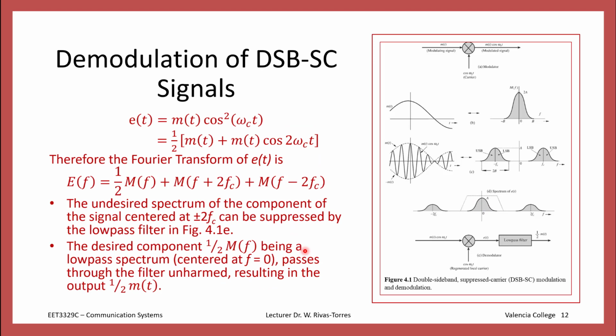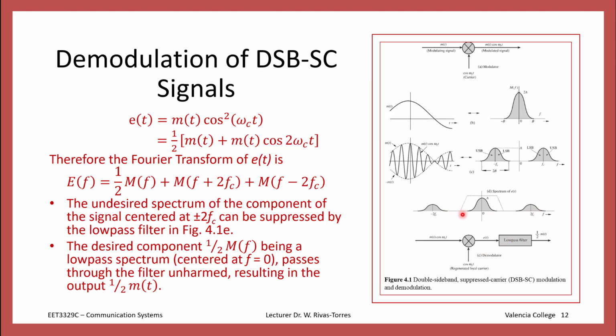Here's the way to look at it in the Fourier transform sense. You end up with, again, M(f), and then those two components, which are 2fc and minus 2fc. Now, how do I recuperate my information? Well, I put it through a low-pass filter that should get rid of the two.